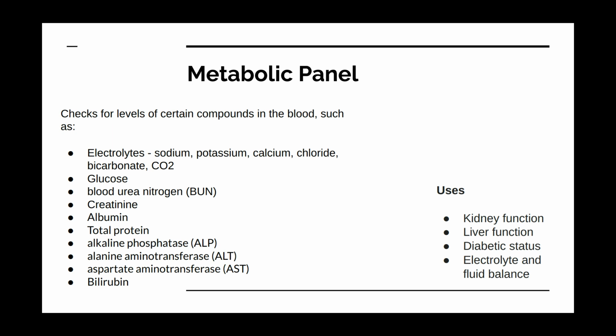An increase in alkaline phosphatase, ALP, alanine aminotransferase, and aspartate aminotransferase, and bilirubin would indicate liver dysfunction. And also, alkaline phosphatase is a marker of cholestatic disease. Increase of glucose and HbA1c indicates diabetes, and also changes in the electrolytes would indicate an electrolyte disturbance or an acid base disturbance or a kidney dysfunction.